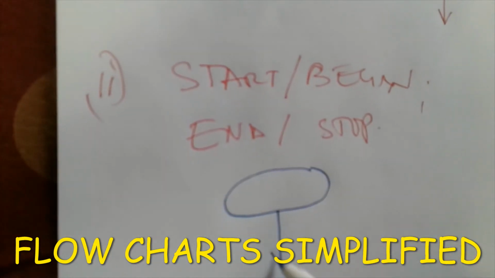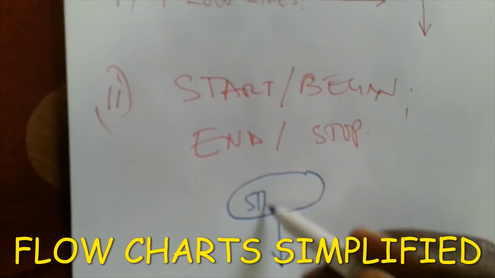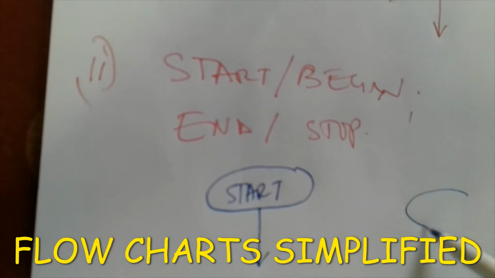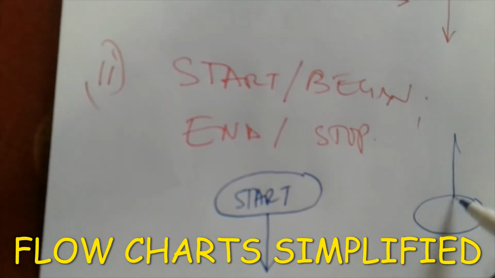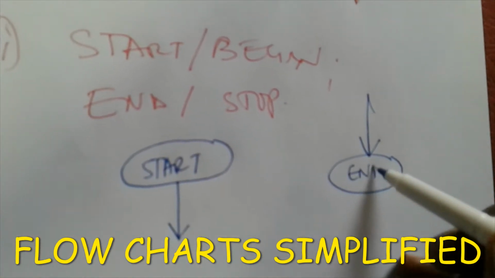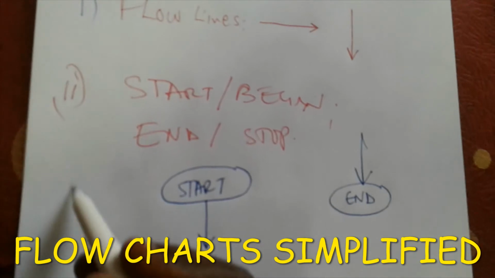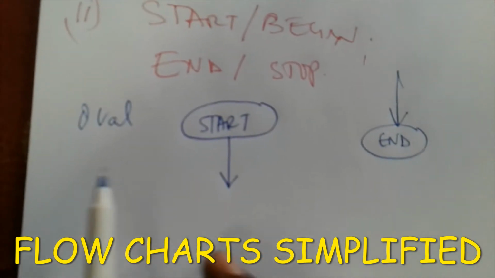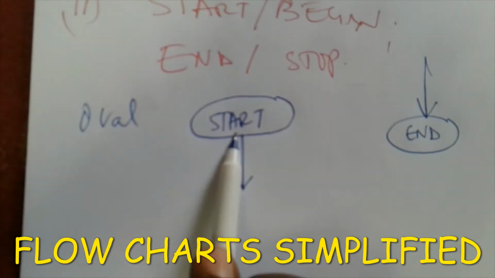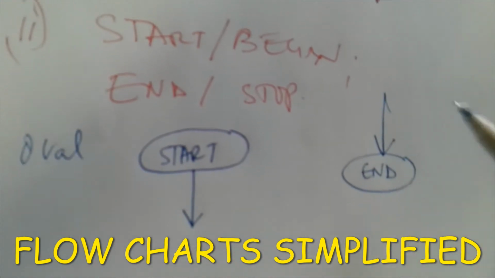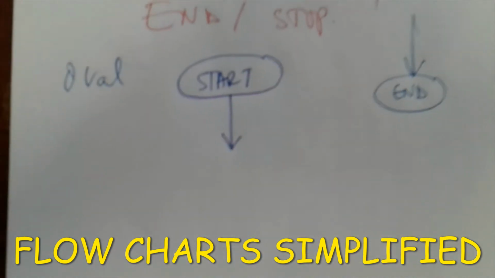So it can either be like this, start is written here, or if you want to end, because it is from above, you end or stop the program. So it is an oval shape. When you want to start the program, you use this shape. If you want to end the program, you use the same shape. And these are the connecting lines we talked about.